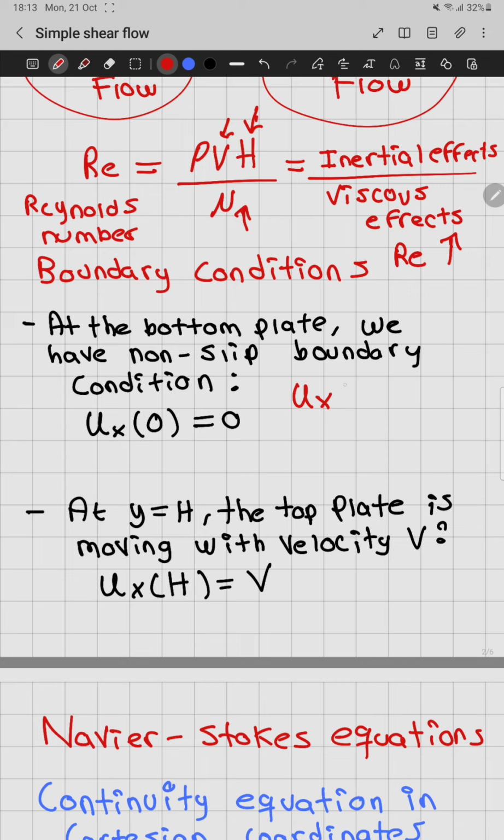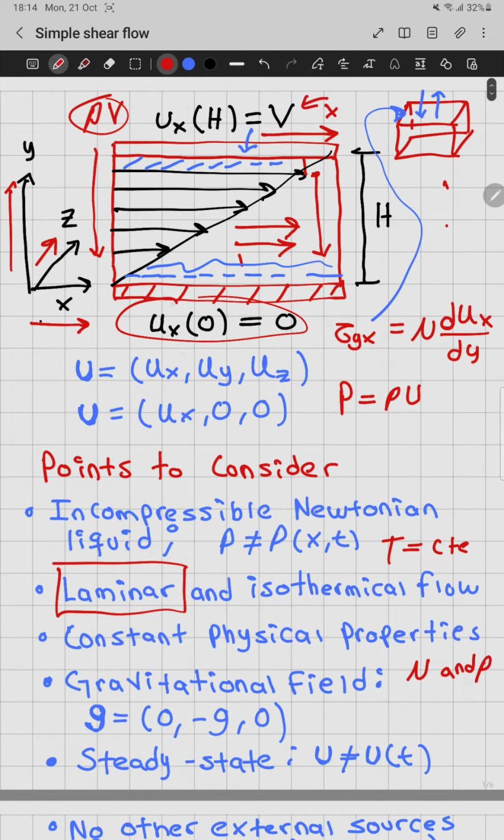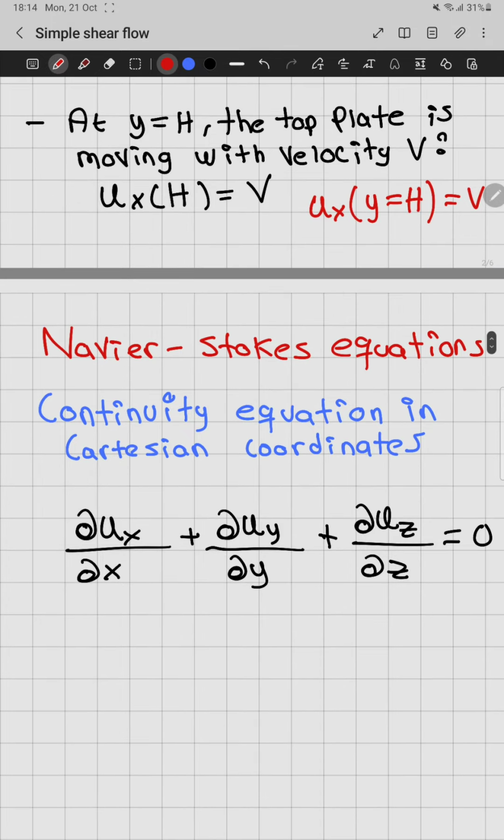That means that ux, when y is equal to 0, is going to be equal to 0, which is what we define here. And then at the top, when y is equal to h, the top plate is moving with a velocity uv. So those are our boundary conditions.